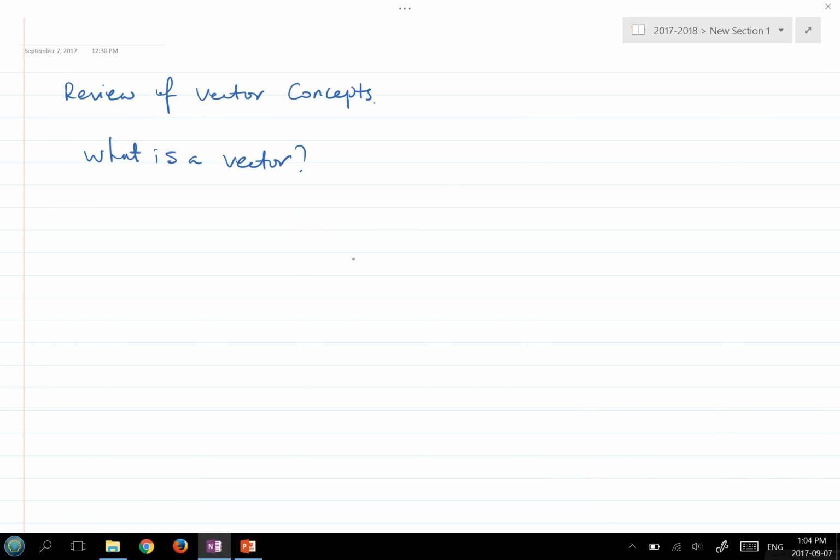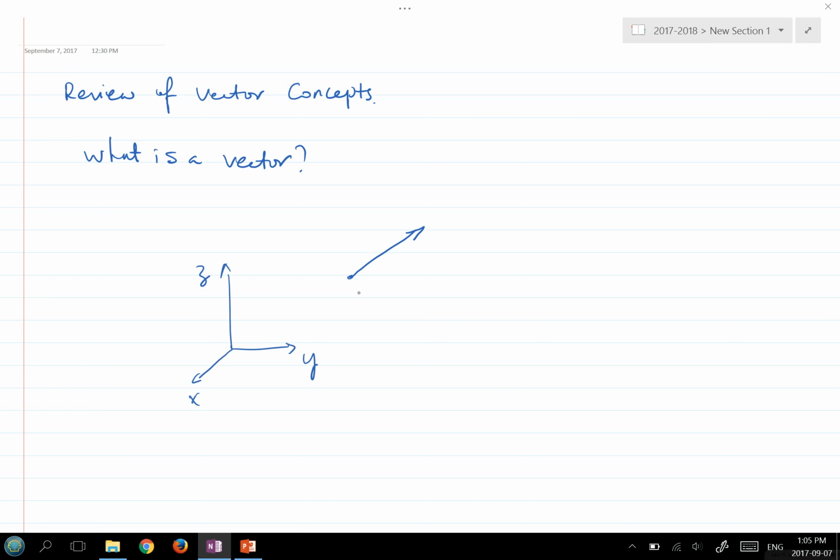As we learned, this is how I will draw a vector in a 3D space. In 3D space, you have Cartesian coordinates x, y, z. Then you draw the vector starting from somewhere, and it ends with an arrow.